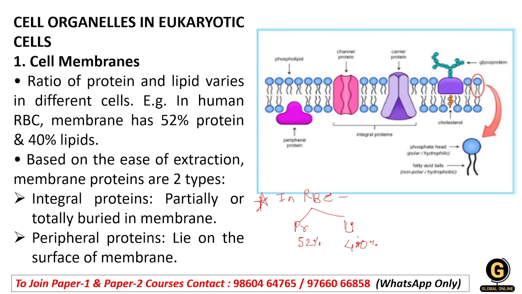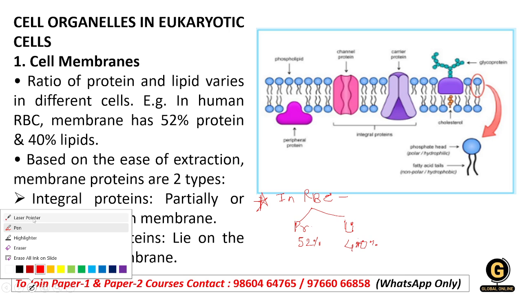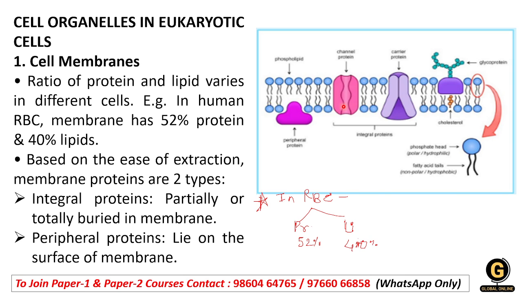Okay, you can see in this diagram, the fluid mosaic model diagram is given. See, look at this. This is the first phospholipid. You can see in this diagram, students, this is the phospholipid.